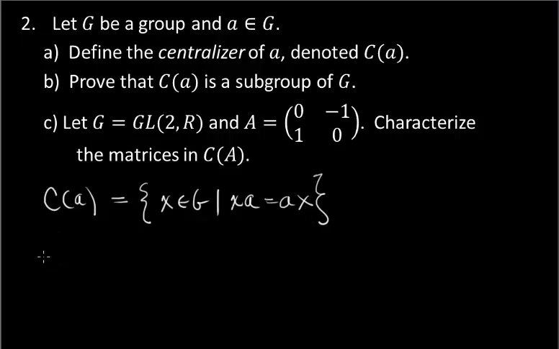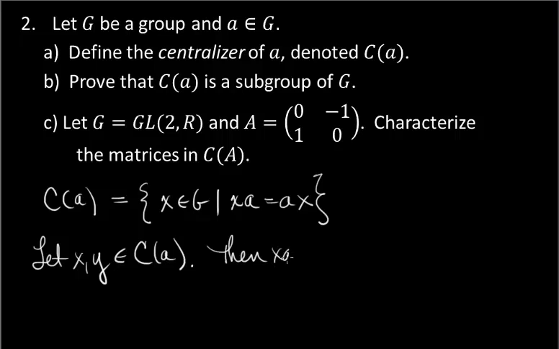We want to prove it's a subgroup in part B, so we simply let X and Y be in the centralizer of A. Now we're assuming that A is some fixed element of G. So we let 2 elements be in there, and all we need to do is show that XY inverse is in there. Well, when we let X and Y be in the centralizer, we then interpret what that means.